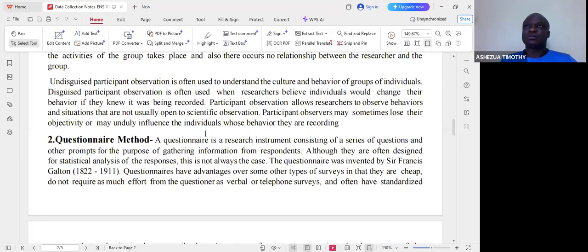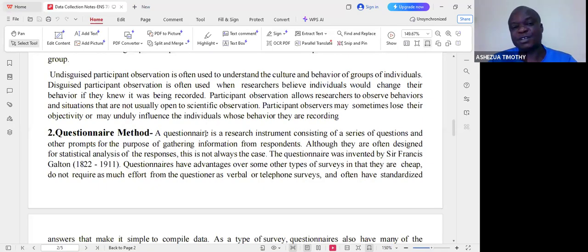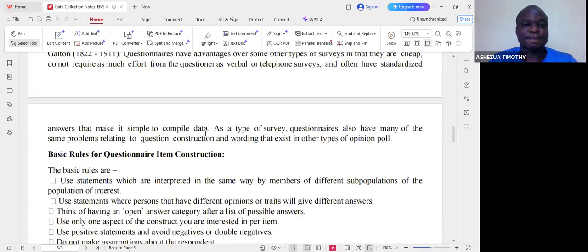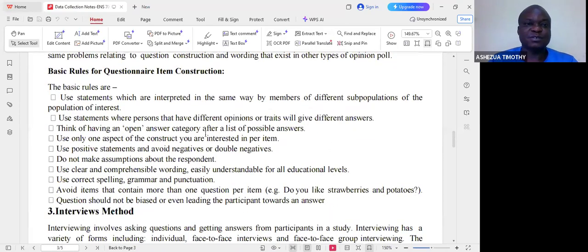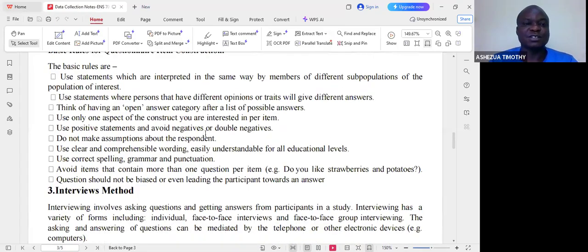If you've not heard, you put no, like that. So, with the questionnaire approach, many persons use it, especially those in the humanities, in education. They use the questionnaire approach very, very well. It's also a very good primary source of collecting data. These are the basic rules of the construct.